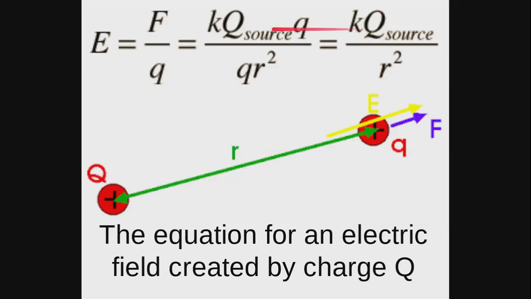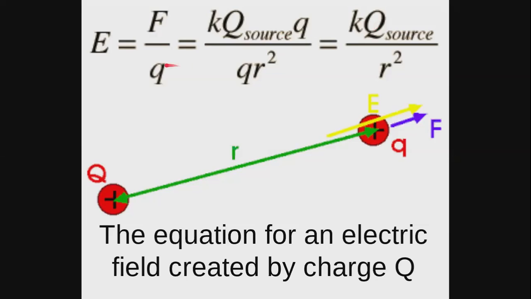So again, what is this one? I call this version right here, it's not only the definition of electric field, but I call it the experiencer equation, because this little charge is experiencing the field. This would be kind of like the apple. And I call this equation over here the creator equation, because this big Q right here, it's creating the electric field that the other one's experiencing.